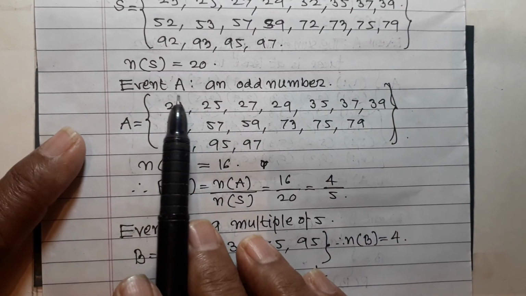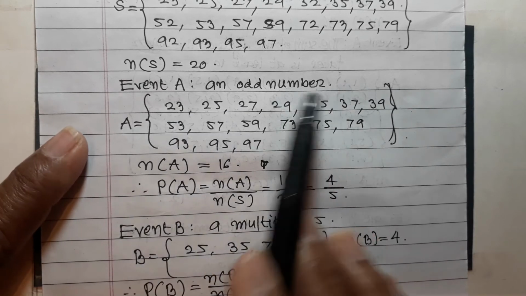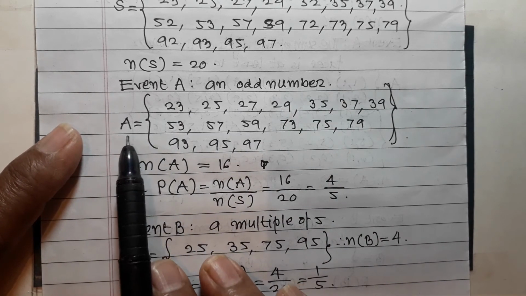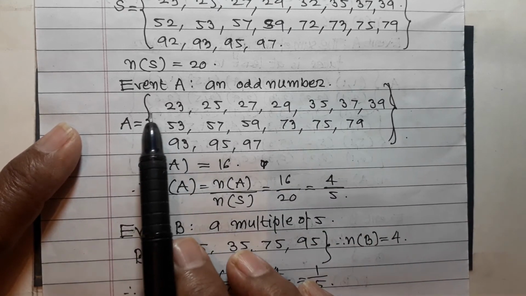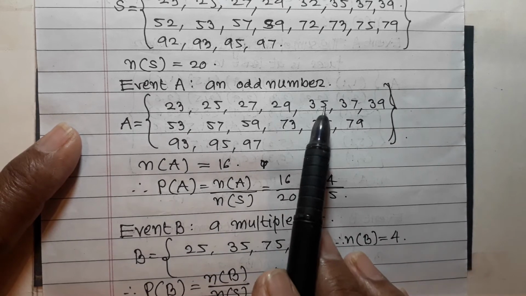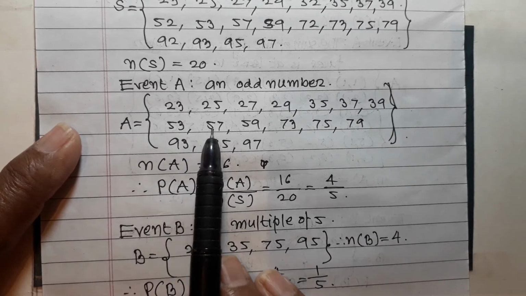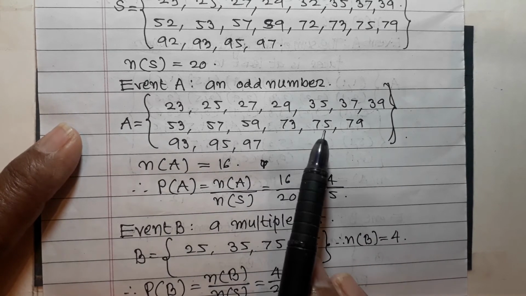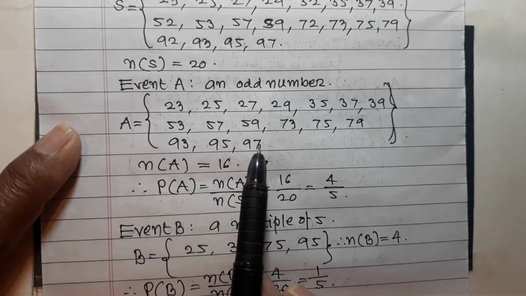Event A, an odd number. So A is equal to getting an odd number: 23, 25, 27, 29, 35, 37, 39, 53, 57, 59, 73, 75, 79, 93, 95, 97.